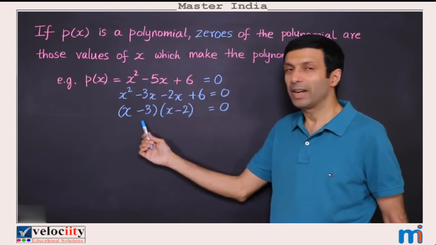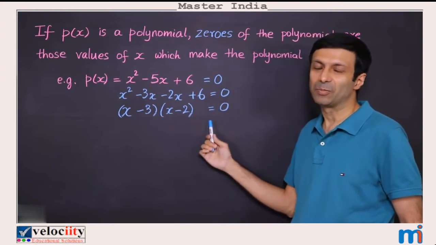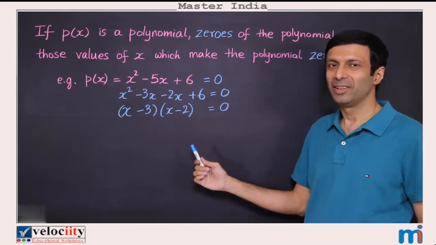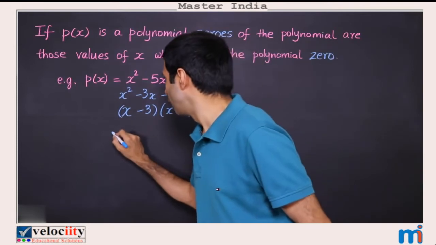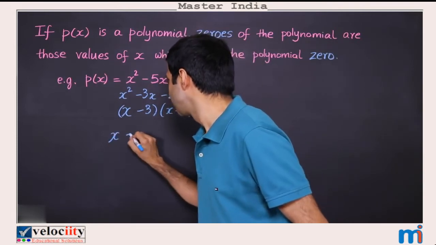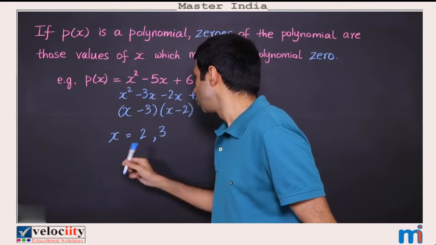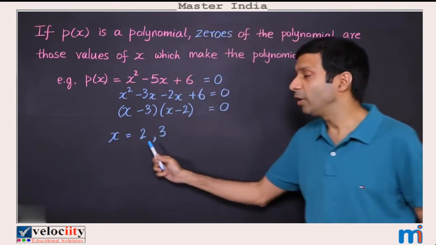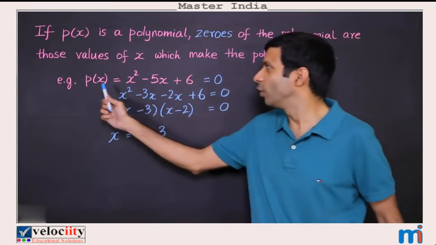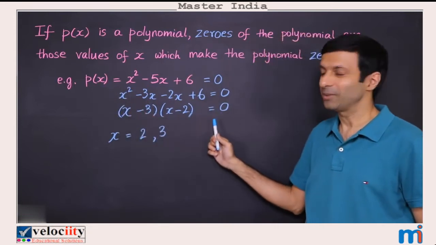So either x - 3 is 0 or x - 2 is 0, right? Which means the values of x are going to be 2 or 3, right? So these values of x are going to make the polynomial 0, right?